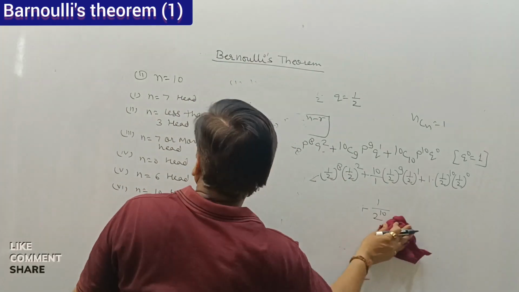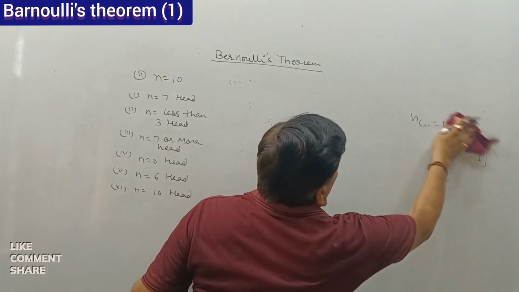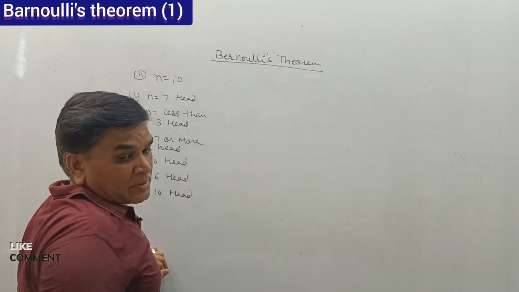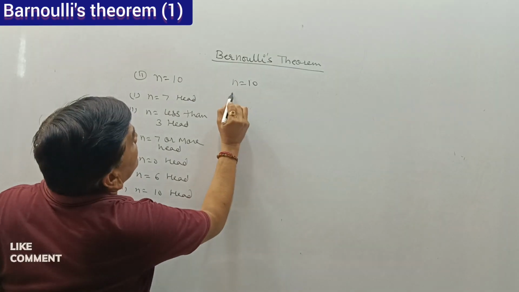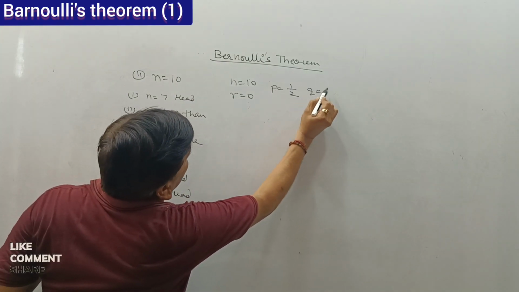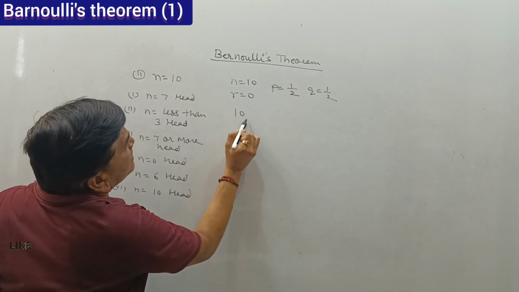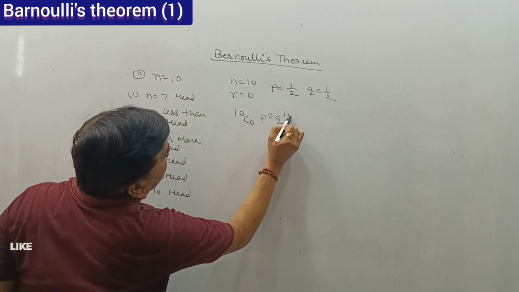Next question, getting 0 heads. N is equal to 10, R is equal to 0, and we know P is equal to 1 by 2 and Q is equal to 1 by 2. So 10C0, P raised to power 0, Q raised to power 10 minus 0, that is 10.